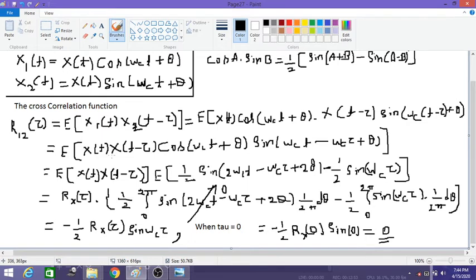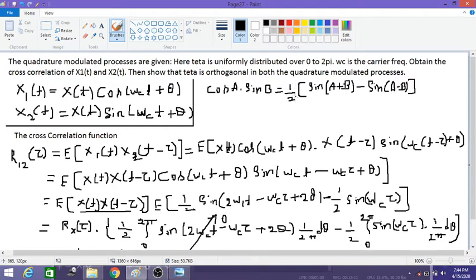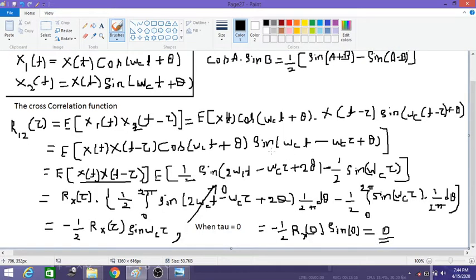We have taken x of t and x of t minus tau as one expectation, so that we can get Rx of tau, the autocorrelation function, and we have separated the cos and sine terms with an expectation. Applying the formula, we get half sine of a plus b minus sine of a minus b. When we substitute this, we get half sine of 2 omega c t minus omega c tau plus 2 theta, minus half sine of omega c tau.